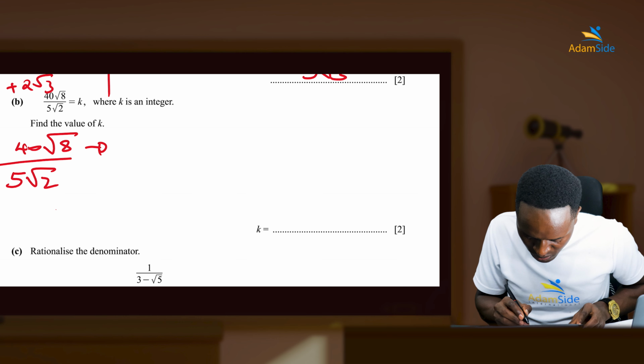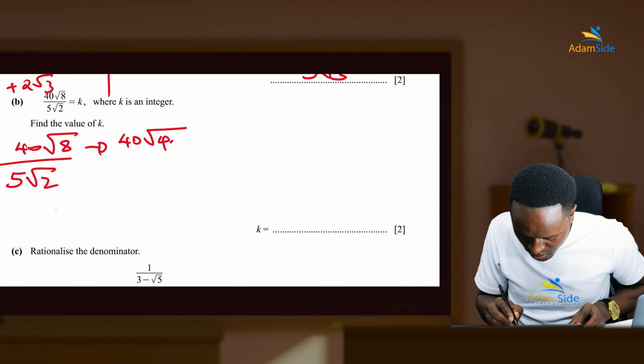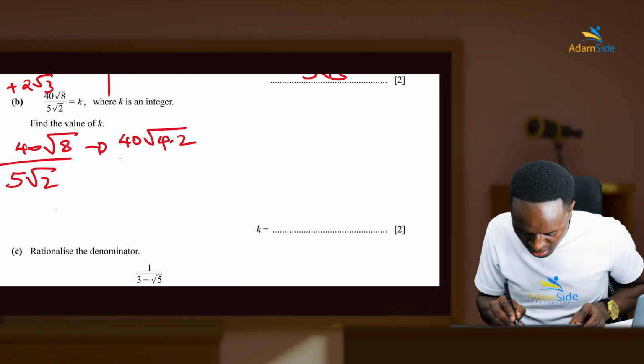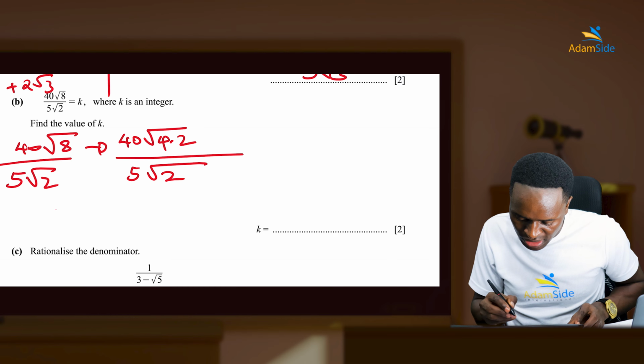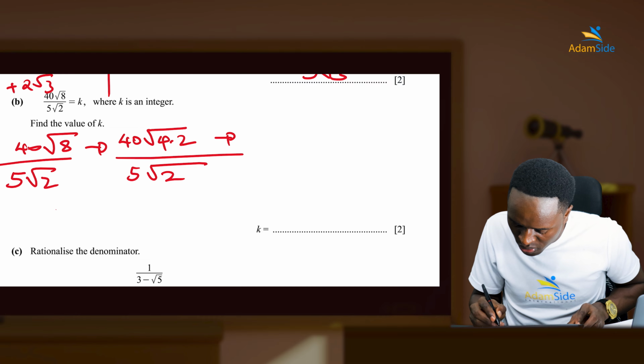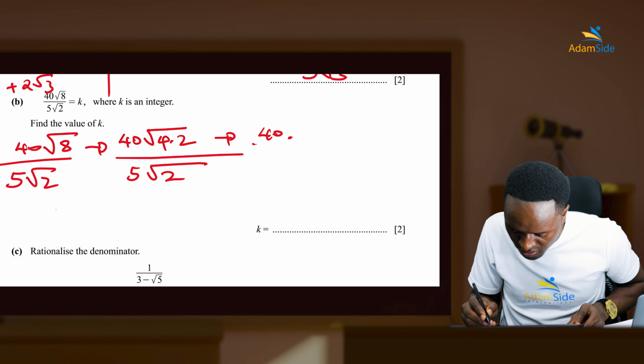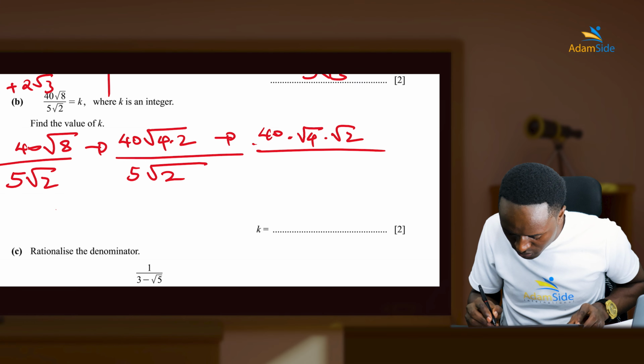So in that case, let's split. This will be the same as 40 root 4 times 2, over 5 root 2. This goes to 40 times root 4 times root 2 over 5 times root 2.